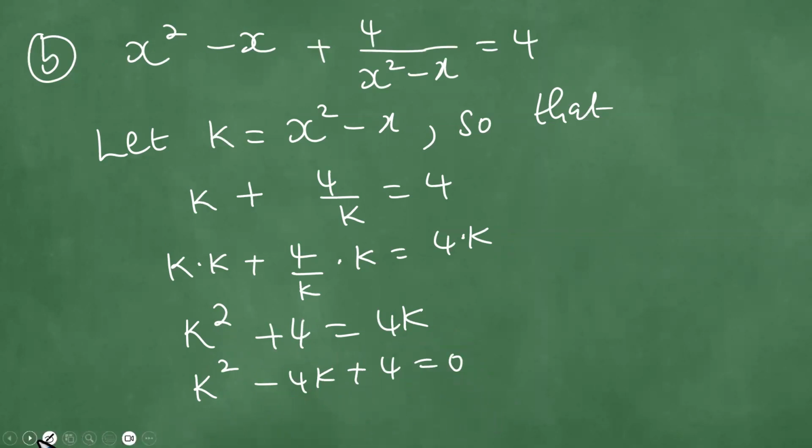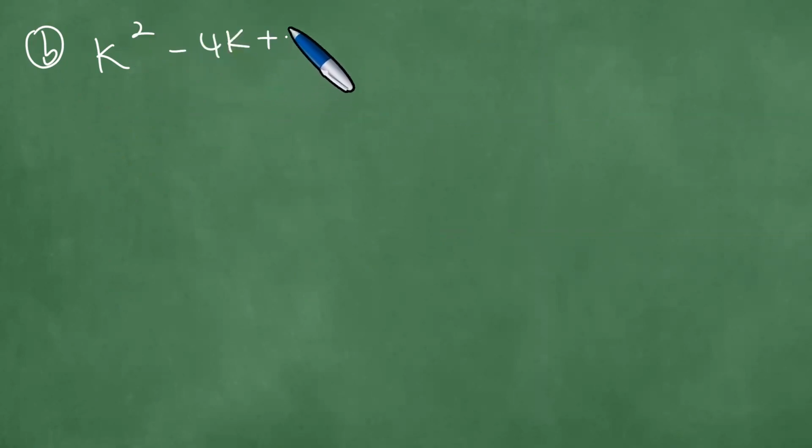So what do we do here? In part B, we have k squared minus 4k plus 4 equals 0.